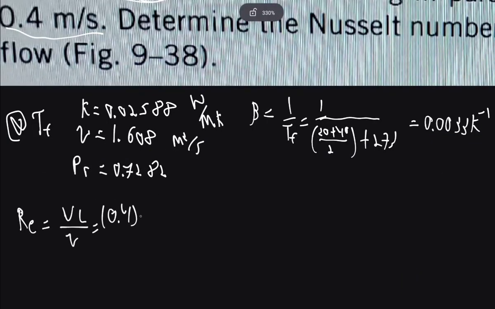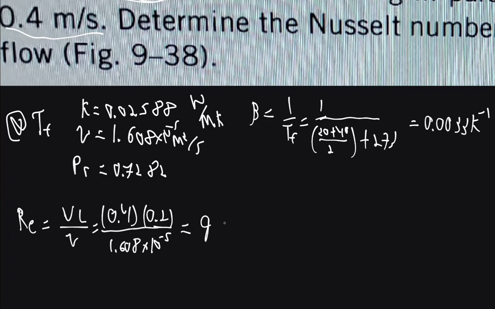So 0.4 times 0.2 divided by 1.608 times 10 to the negative fifth. I forgot the 10 to the negative fifth when writing this. All right, so let's type that into our calculator. We get 4,975.